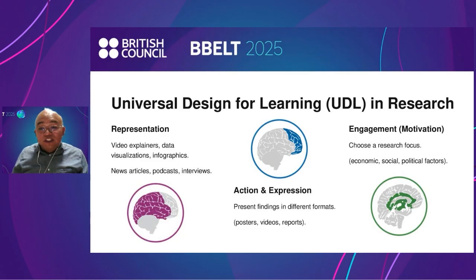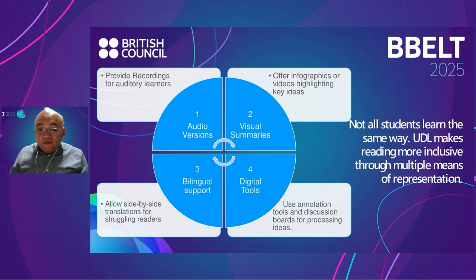However, whenever we give them freedom to choose different and multiple ways of expression, they can have posters and videos and reports and models, and that's what makes learning enriching. An example of it would be audio versions, like providing recordings for auditory learners. And then in that case, it automatically creates this sense of achievement because students that are more auditory can feel related and then they can feel engaged in the activity.